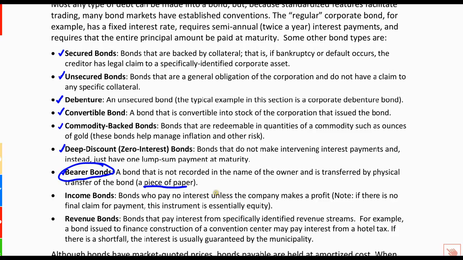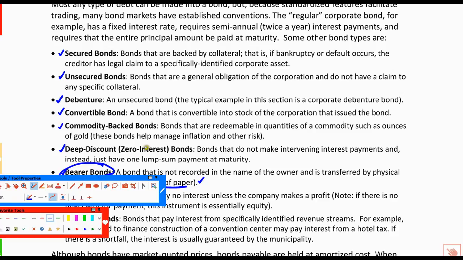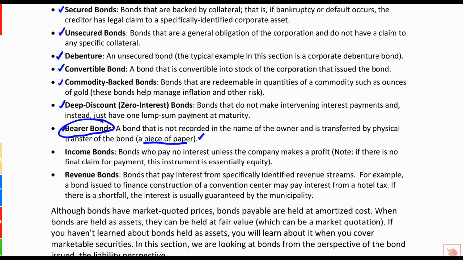If you watch any of those spy movies and there's some type of ransom, oftentimes they'll ask to be paid in bearer bonds. If you have the paper, you get the money. A lot of wealthy people store these in safe deposit boxes around the world as a kind of safety net. So bearer bonds are kind of cool. We won't do the accounting for them, but it's kind of cool.